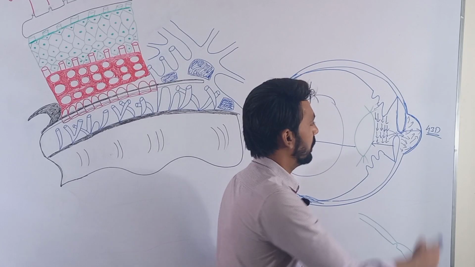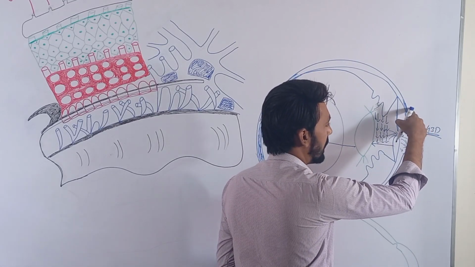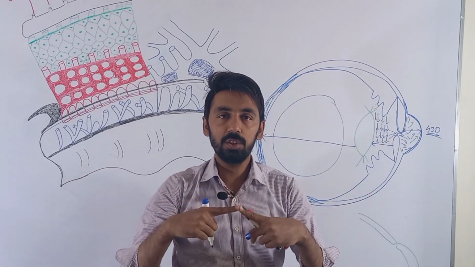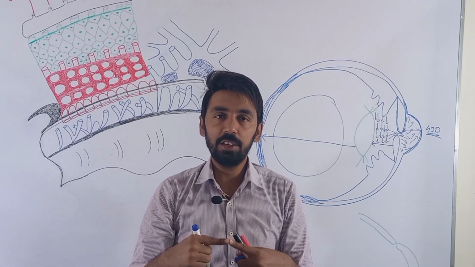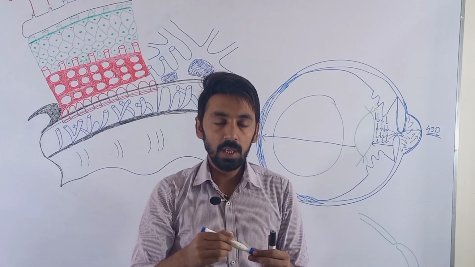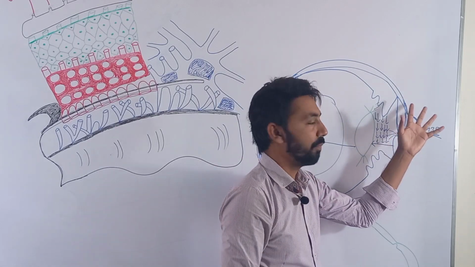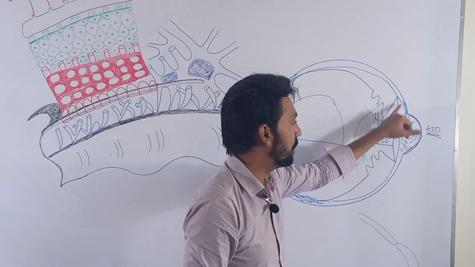The point where the cornea, the sclera and the iris meet together is called the anterior chamber angle. So now we will discuss the anterior chamber and the anterior chamber angle, because the aqueous humor will drain into different structures through the anterior chamber angle.